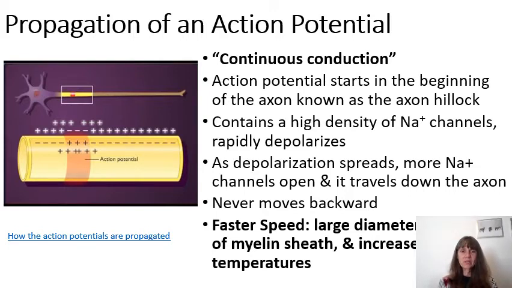When we look at what happens in terms of spreading this electrical impulse on an axon that has no myelin, unmyelinated axons undergo a process of conducting this electrical impulse that's called continuous conduction.